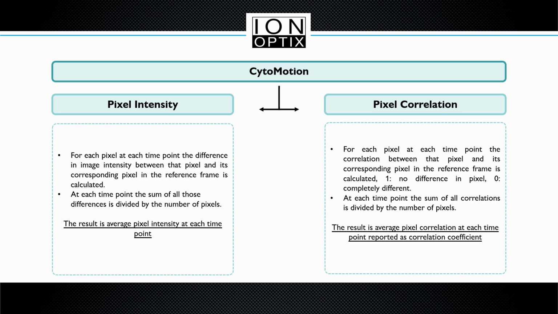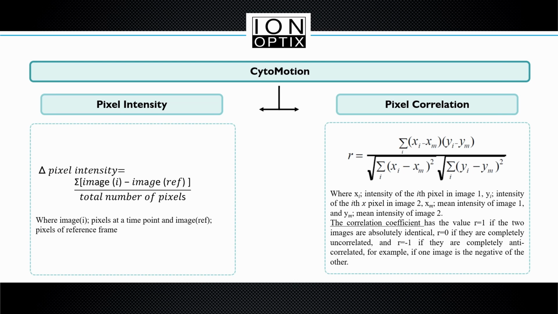At each time point, the software computes the sum of all these correlations and divides it by the number of pixels. So the result is reported as the average pixel correlation at each time point, presented as a correlation coefficient. Here are the mathematical representations used to detect pixel intensity and pixel correlation.